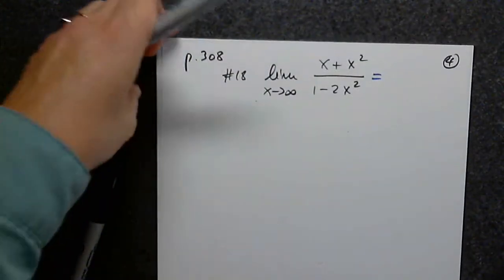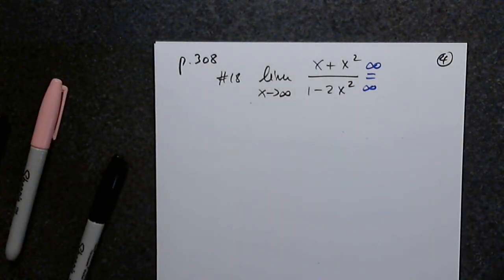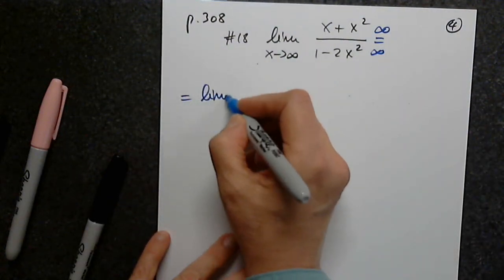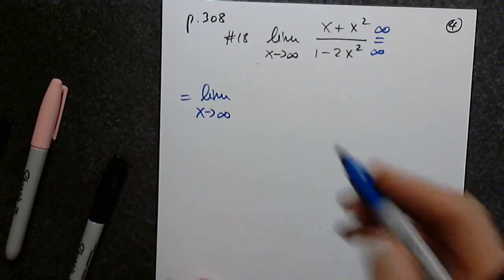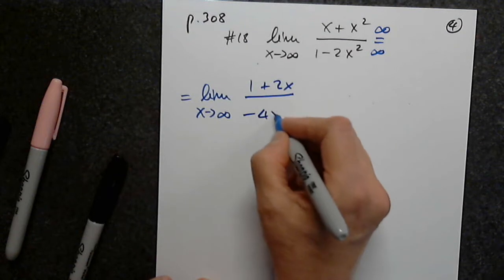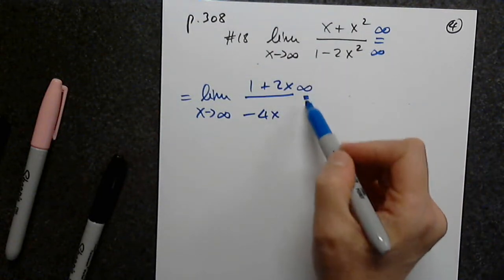Okay, so obviously it's infinity over infinity. We don't care about the sign. Yes, it's negative infinity in the denominator, but who cares? So since it's infinity over infinity, we're going to apply L'Hopital's rule. Top prime is 1 plus 2x. Denominator is negative 4x. We check again by plugging it in, because it's still infinity over infinity.